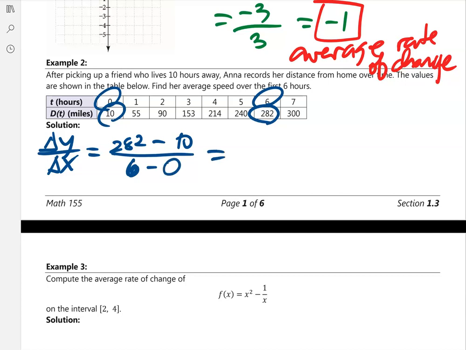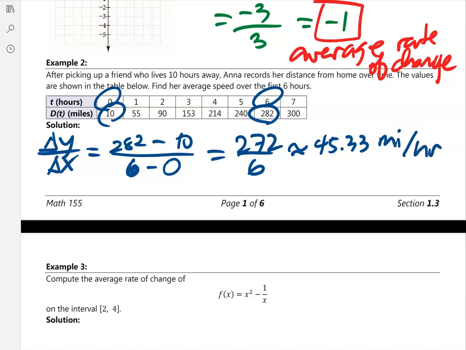So 282 minus 10 is 272, 6 minus 0 is 6. And when you divide this, it's approximately equal to 45.33. And this is in terms of miles and hours, so that is miles per hour. So this is the average speed.